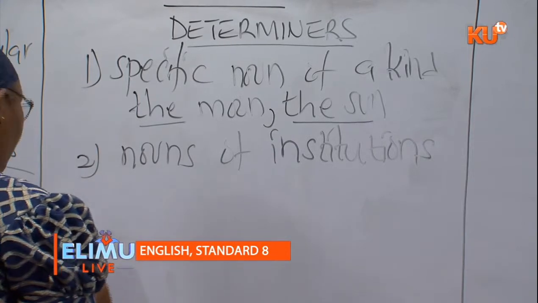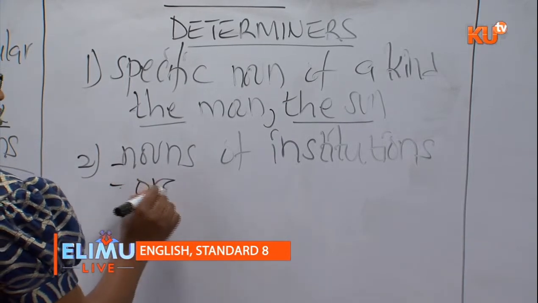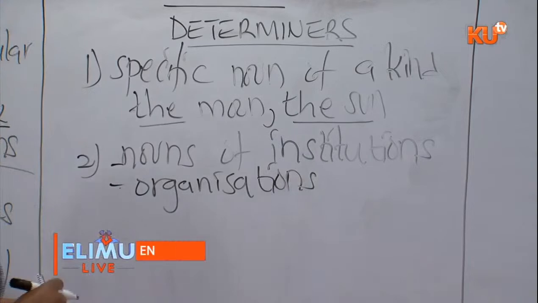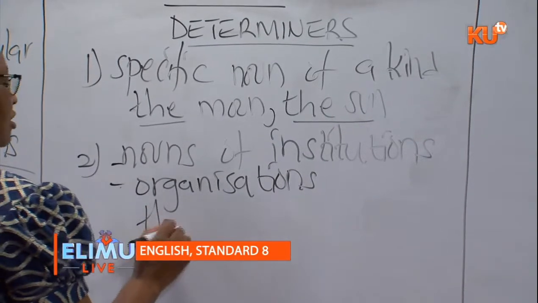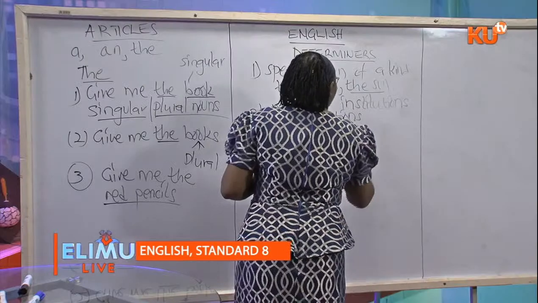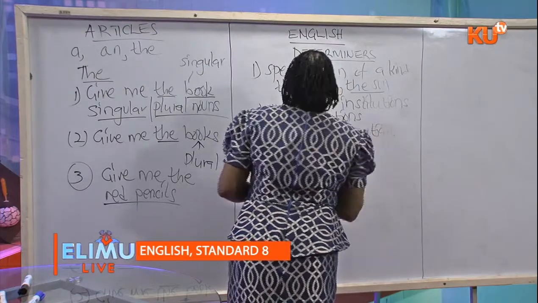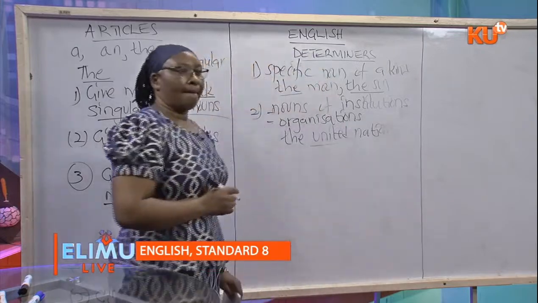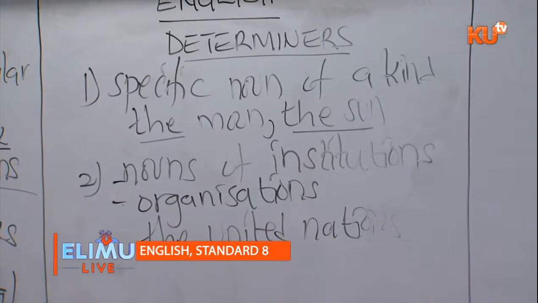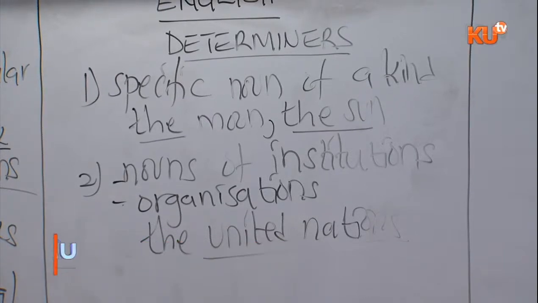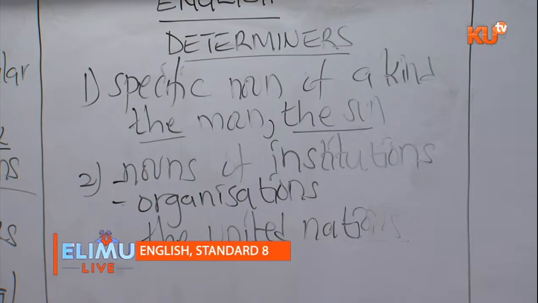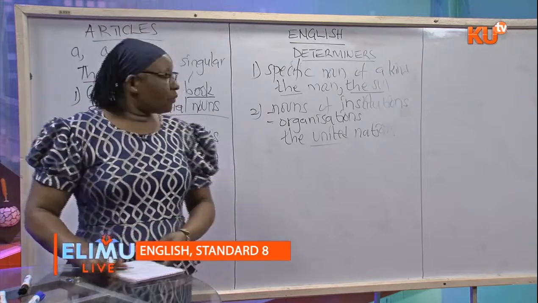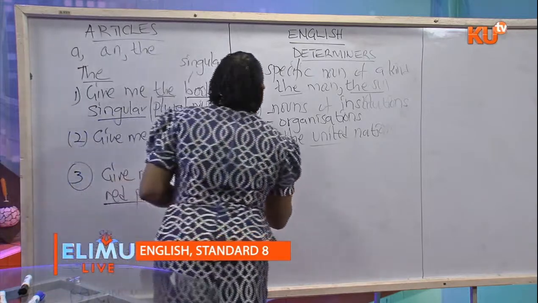We also have names of organizations. We have names referring to organizations like the United Nations. When you talk about the United Nations, it refers to organizations which are well known. You do not have to ask which United Nations because it is well known. We also use it before natural features.